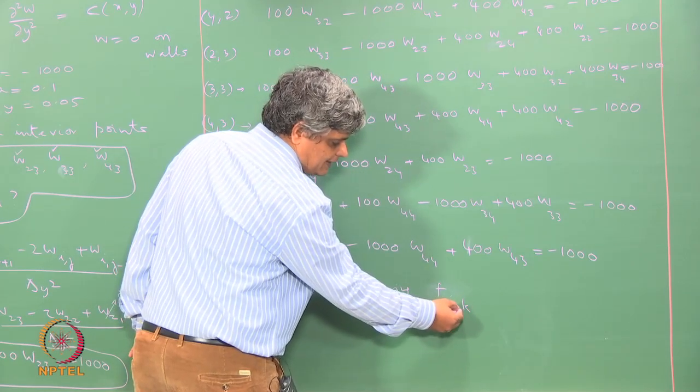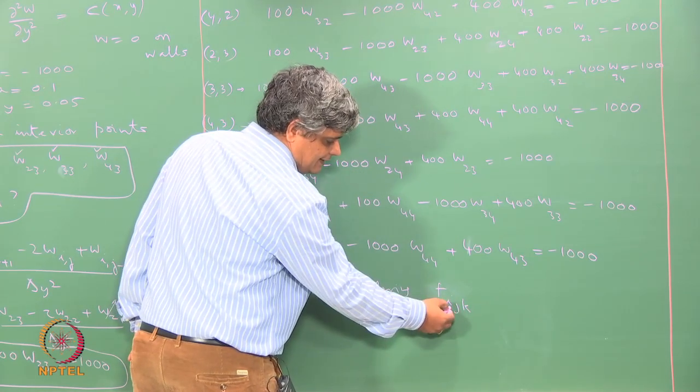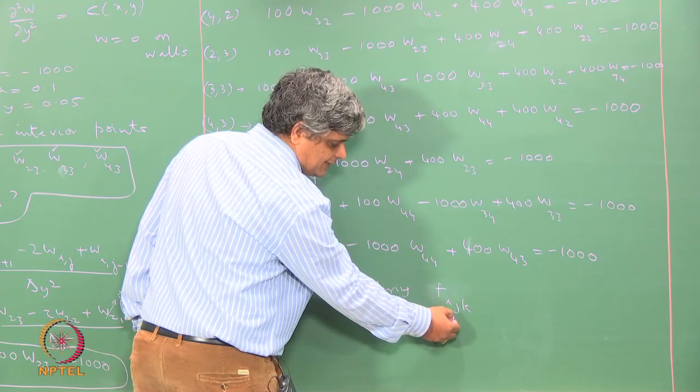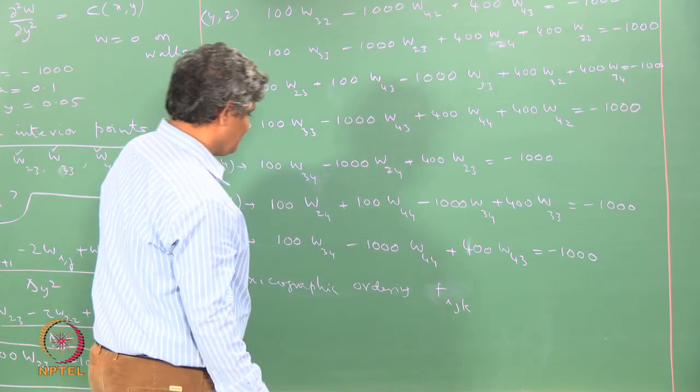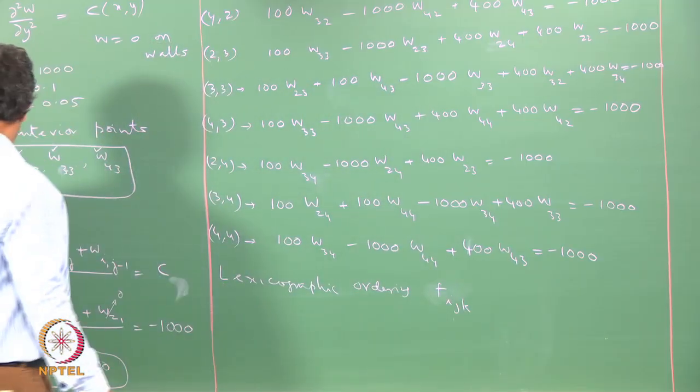Here, i changes first, with j and k fixed, and once i is exhausted, only then j changes, and then again i keeps changing like that. So let us try to see what we have.